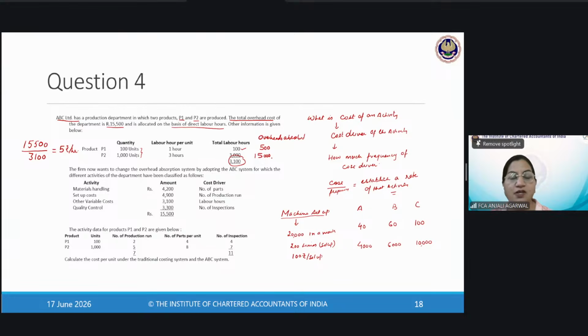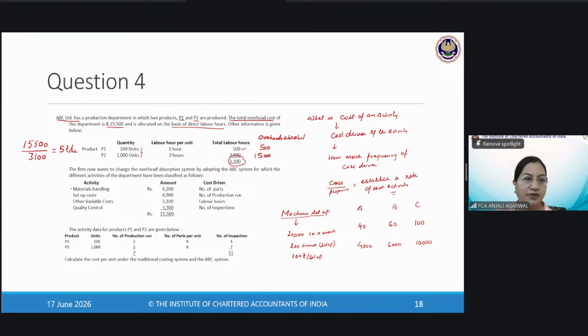Now let's see, using ABC costing, how we can go to a more realistic result. So first we identify what the various activities incurred in this department are, what the cost driver for each activity is, and how many times the cost driver was used for product P1 and for product P2.